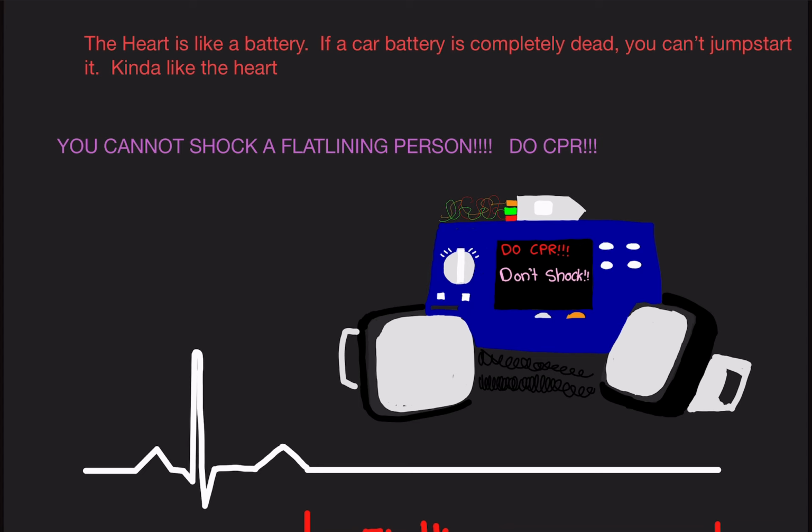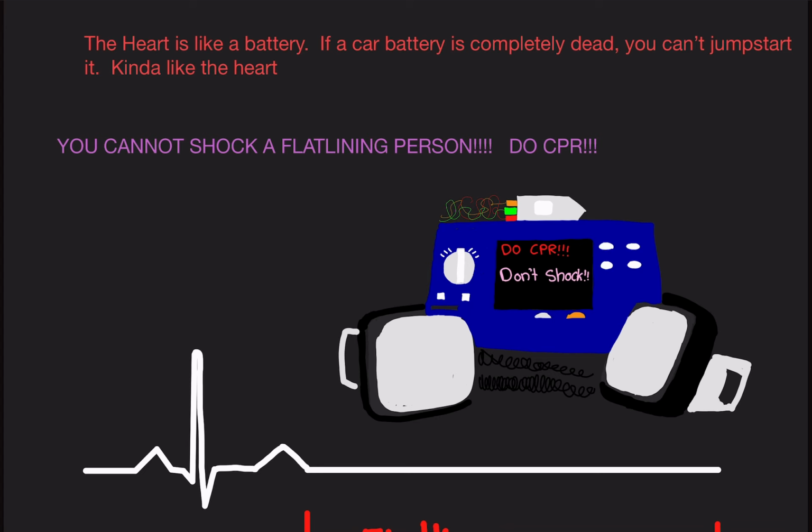It does not work. The reason is because your heart is like a battery. Say your car battery is completely dead. No matter how many jump starts you give it, nothing's going to happen. You need a new battery. Kind of like the heart. You don't really need a heart transplant, but what you need is CPR.